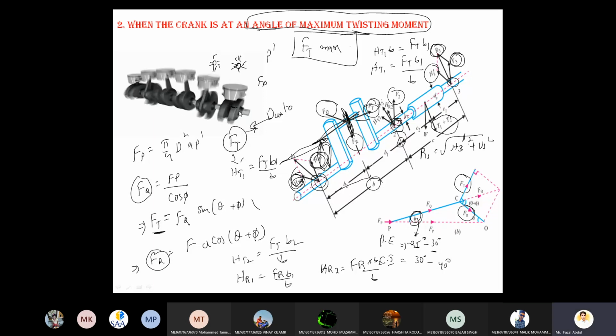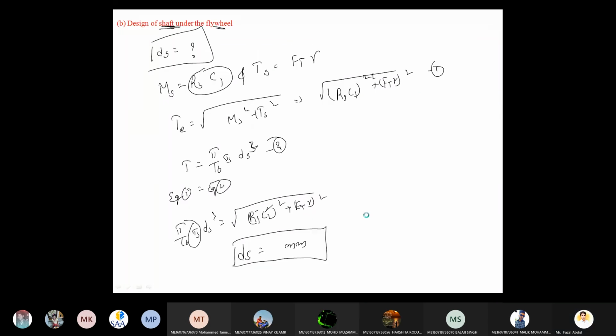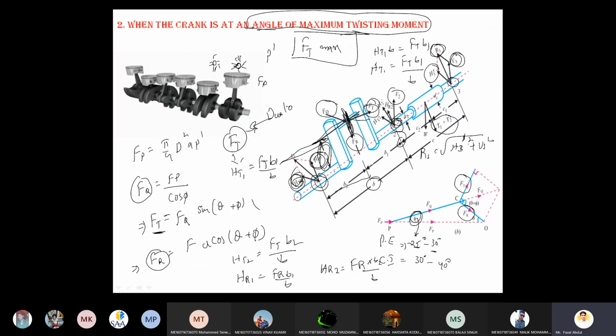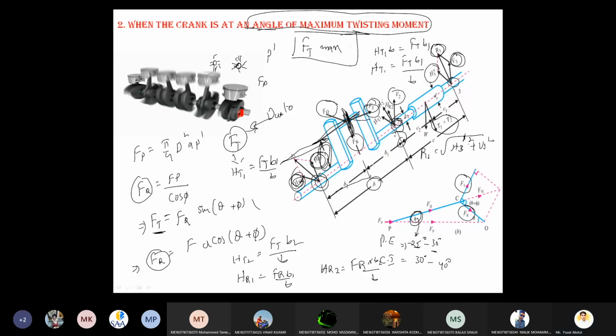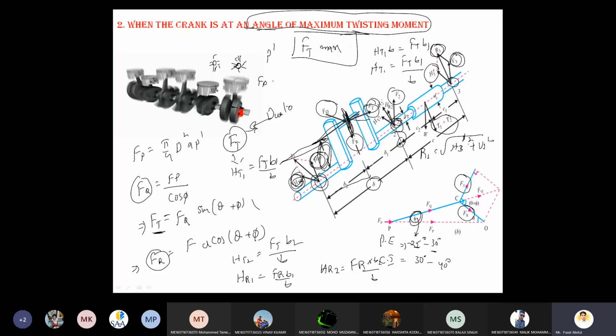So at the juncture, the shaft is sometimes subjected to torsion, and sometimes to bending. Bending means I have to calculate the bending moment first, and torsion means I have to calculate how much torque is transmitted by the shaft. So two different criteria are occurring here.